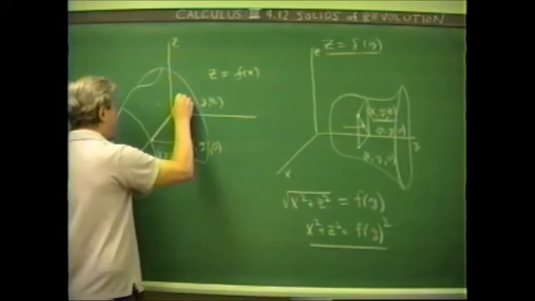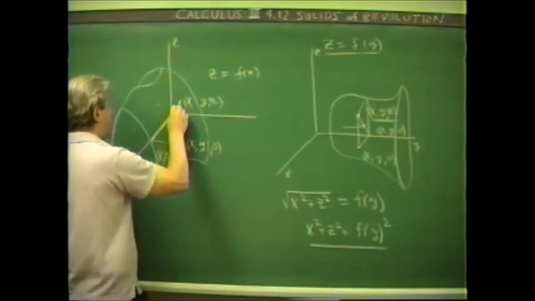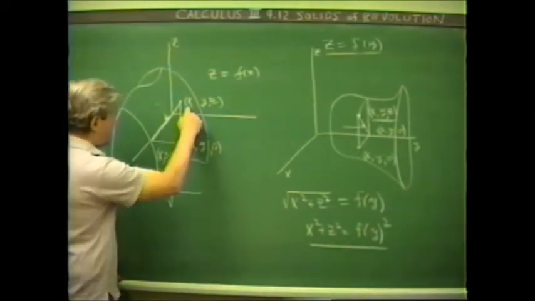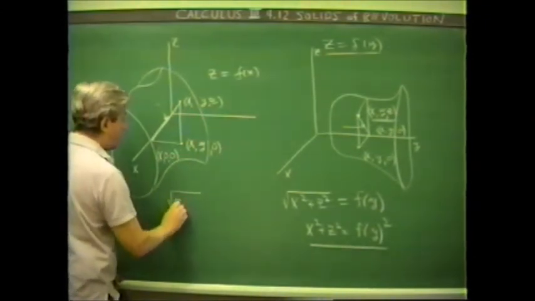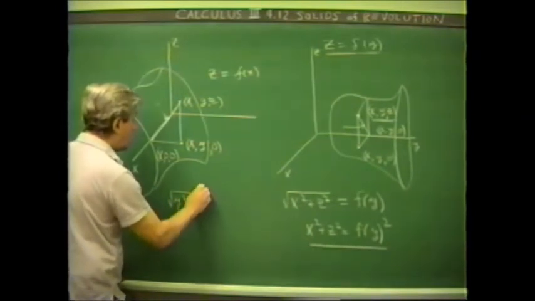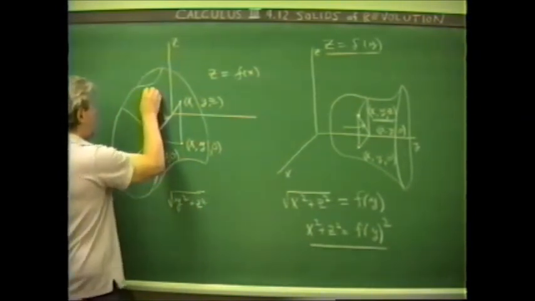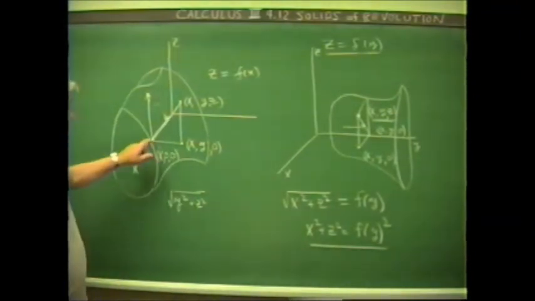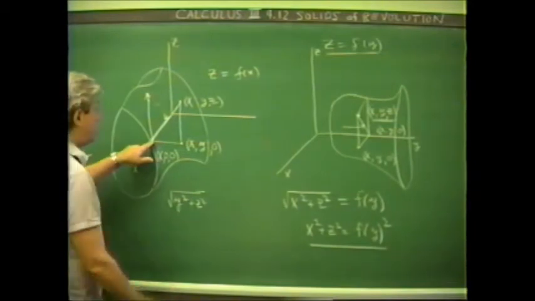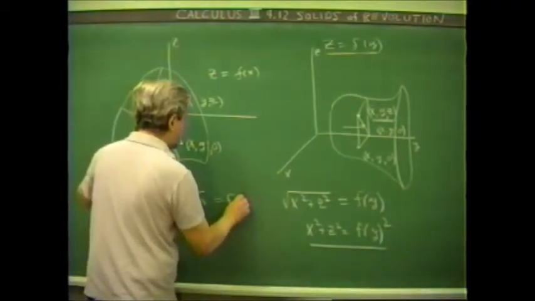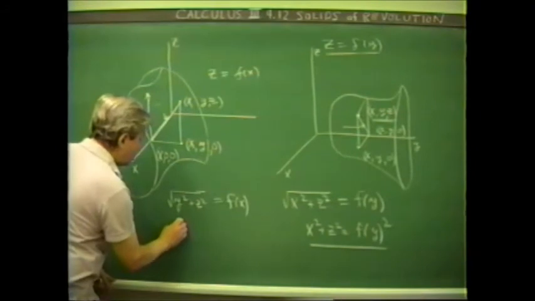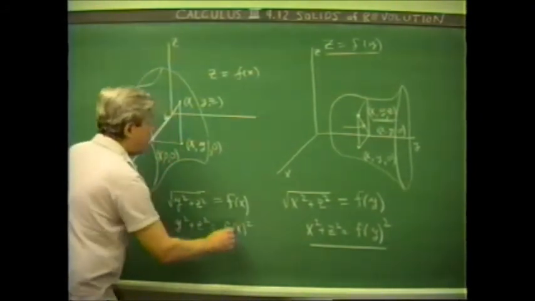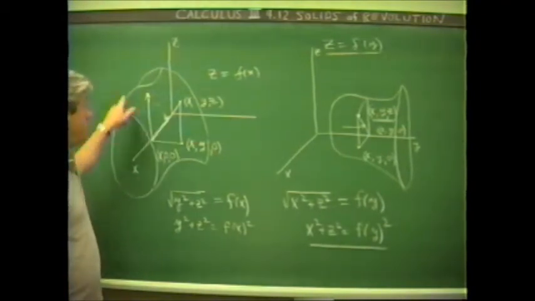And for this point to get on there, what we need is that this distance right here, namely the square root from this point to this point, the square root of y squared plus z squared, must be the same as the value of the function here at the particular point x. So this must be equal to f of x, right? Or y squared plus z squared is f of x squared, gives you the equation of this solid of revolution.